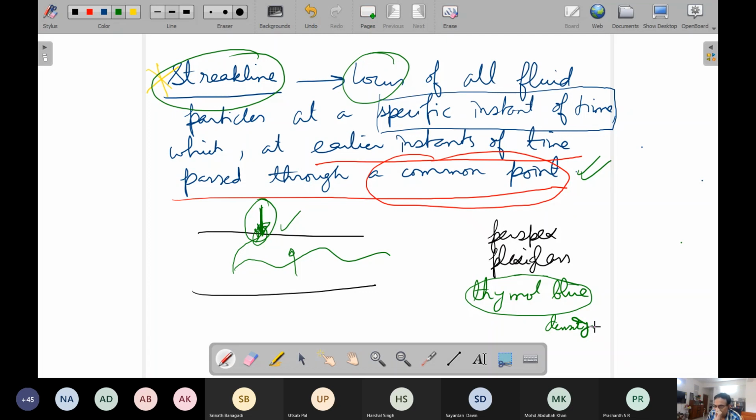You may not get it exactly the same, but a very small differential will actually not matter in a practical experiment, because the small differential will give rise to a relative flow if certain additional things are there. That means one additional thing is that you are doing the experiment for a very, very long time, where that density difference is actually creating a net flow. But in a reasonably short period over which you are doing the experiment, that will not matter. So that is regarding the dye.